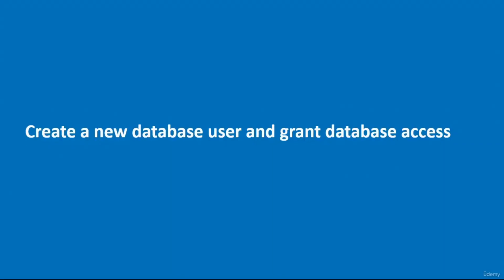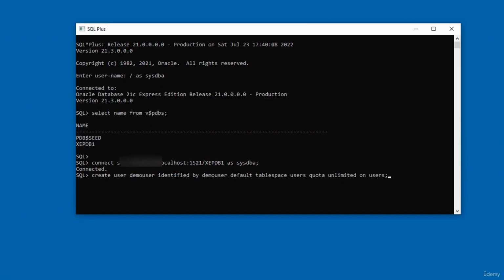Hello and welcome to this video. In this video, I'm going to create a new database user and also grant the database user access. Make sure you are connected to the pluggable database.